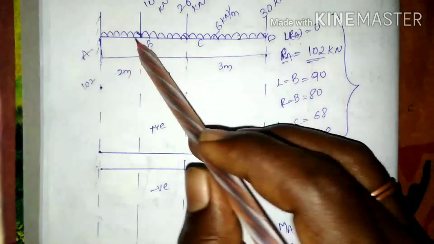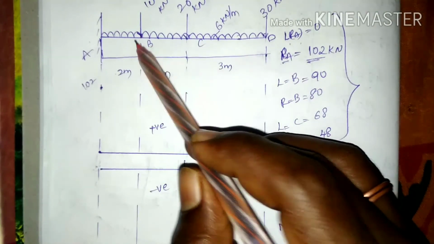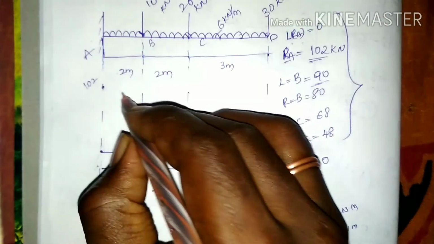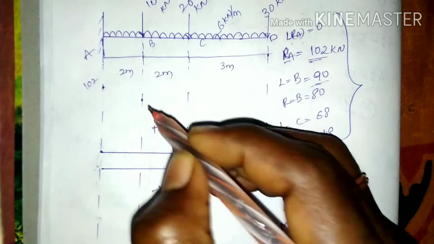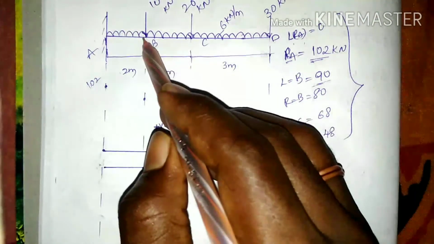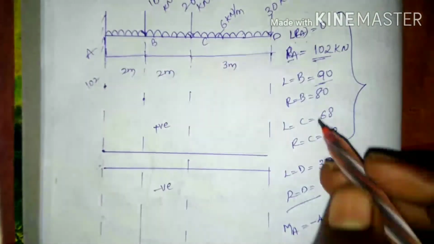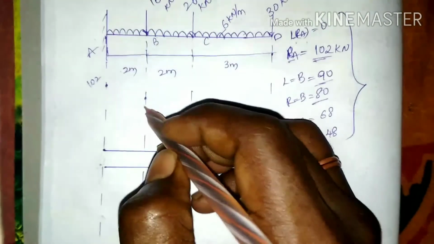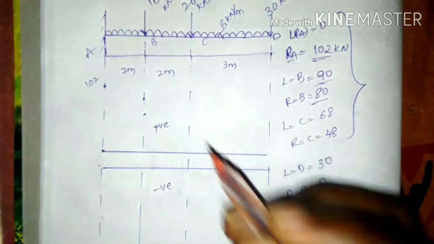While going on to the B, for the left of the B we are having 90, that it is going to decrease for the 90 value, and for the right of the B it is going to decrease as for the 80 on the same reference line, on the same reference of B.